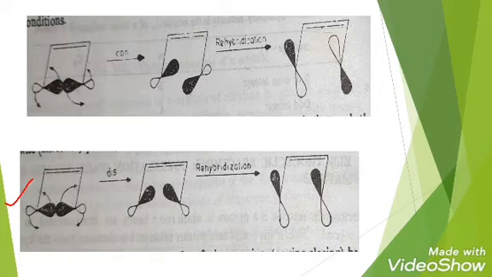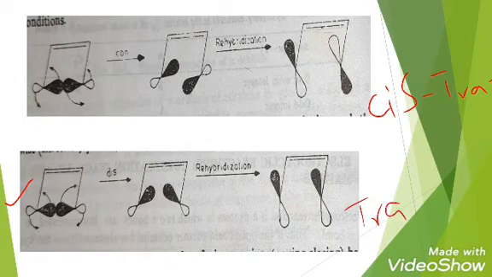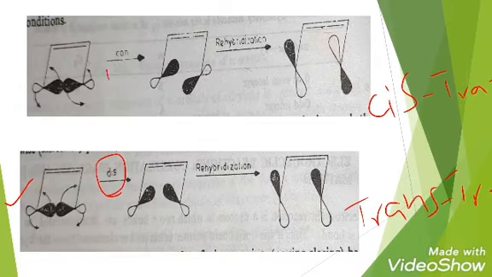In conrotatory mode, if we get the cis,trans diene, then in disrotatory mode we get the trans,trans product.